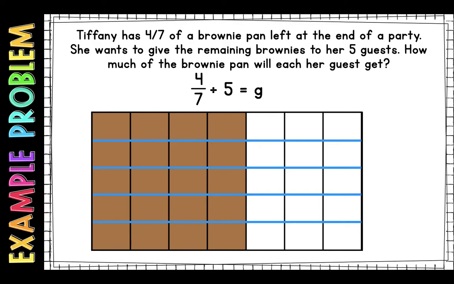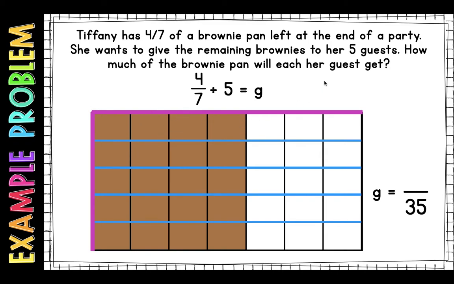Now, to see how much each of these little sections is, I'm going to find my new denominator, which means, in this case, I'll find 7 by 5. So the denominator will be 35ths, which means each of these little rectangles is equal to 1/35.